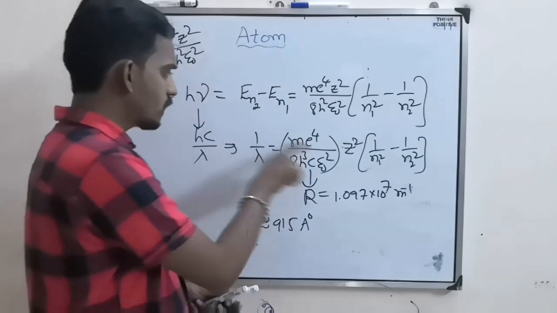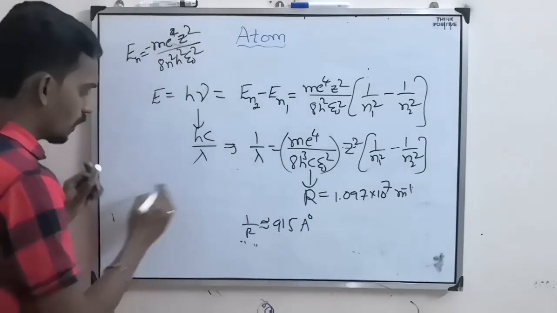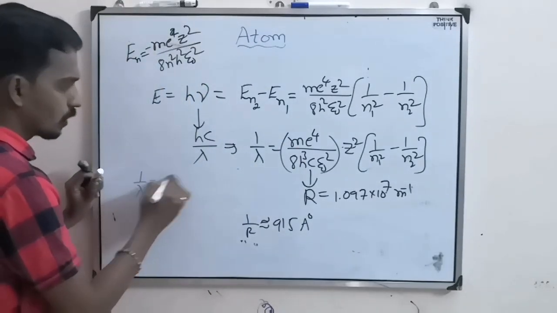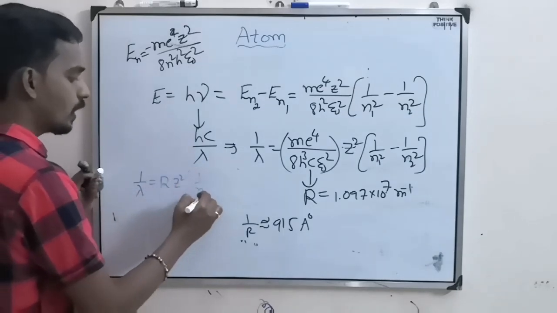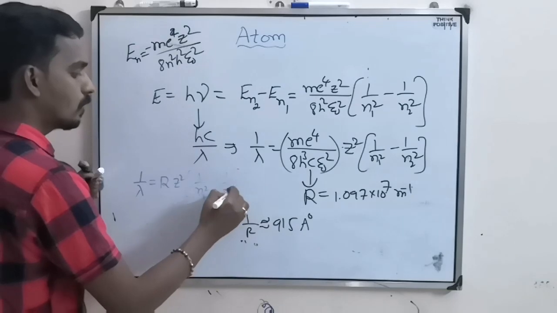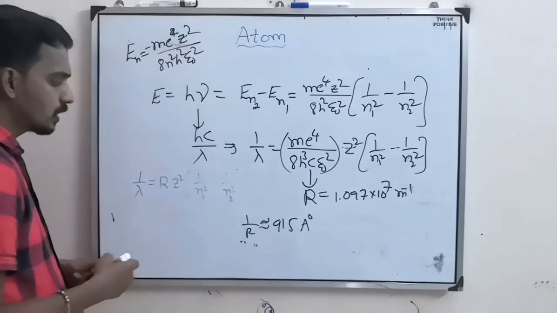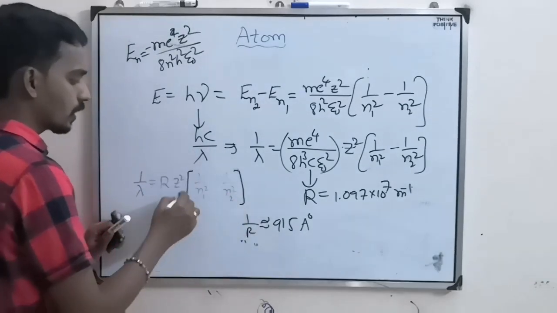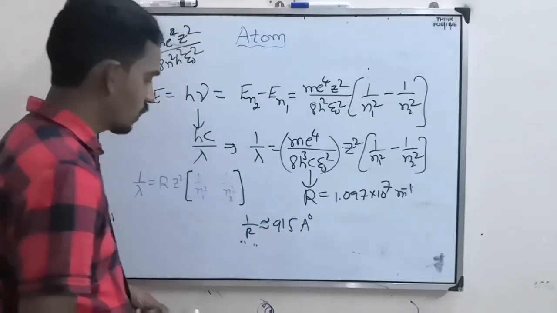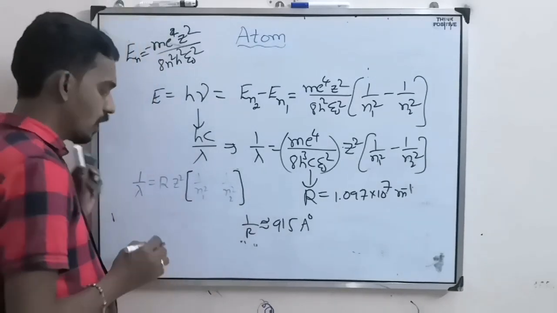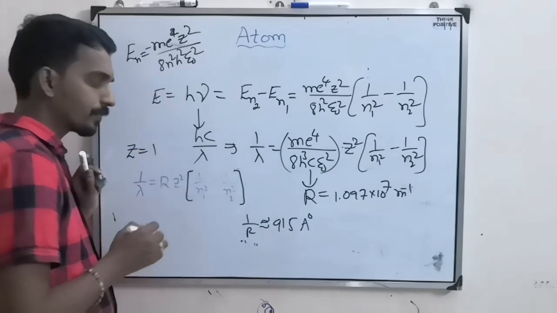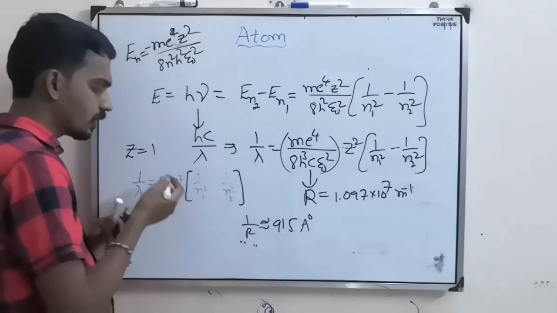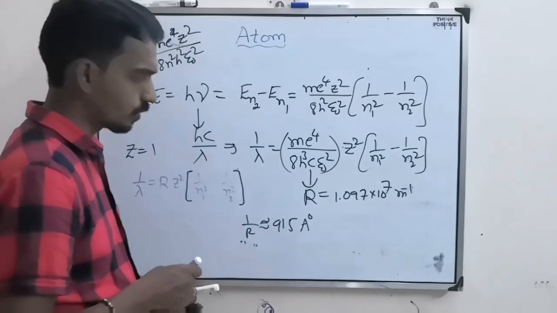So using this equation, 1 by lambda equals R into Z square into 1 by n1 square minus 1 by n2 square. So this is the wavelength of any particular transition for any particular series, but usually they ask for hydrogen atom, Z equal to 1. If they ask for any other atom, you have to substitute the Z value.